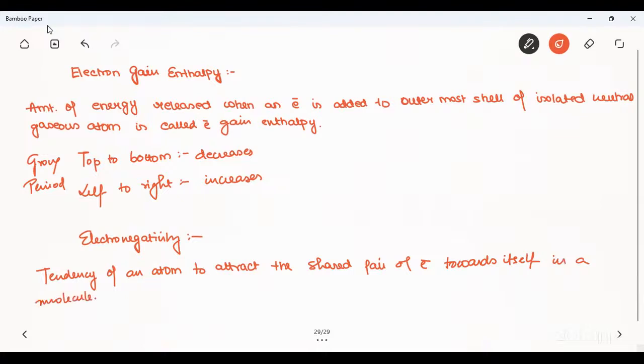That is called the electronegativity. So in a group, how does this vary? This property decreases. And along the period, how does this property vary? It increases. Okay, these are the variations. Just note it down for one.